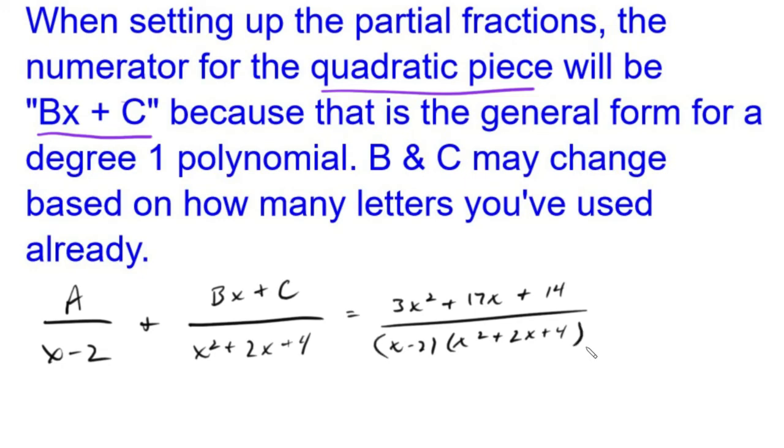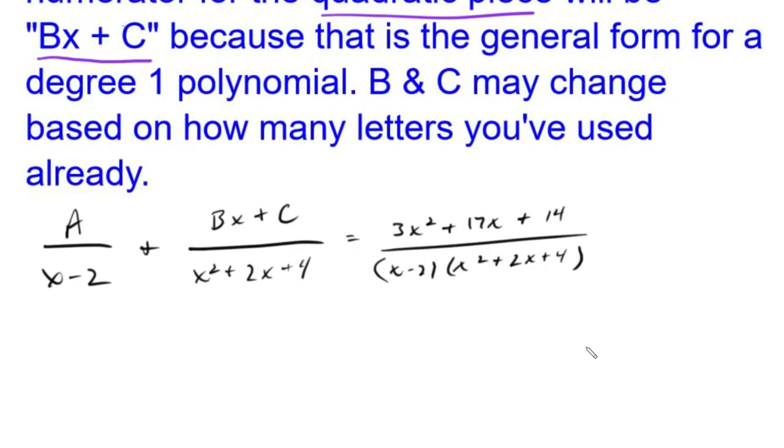The same steps apply though. So you want to multiply both sides by the entire denominator here. And when you do that, all right, this is what I was talking about earlier. If you multiply both sides by this entire denominator, the x minus 2 with the x minus 2 will cancel, and this piece will still remain on the a. So you'll get a times x squared plus 2x plus 4.